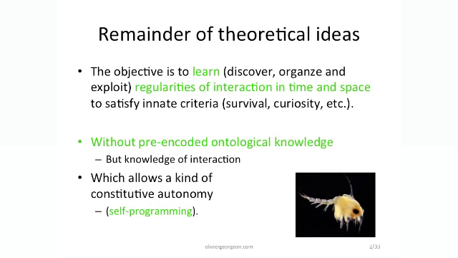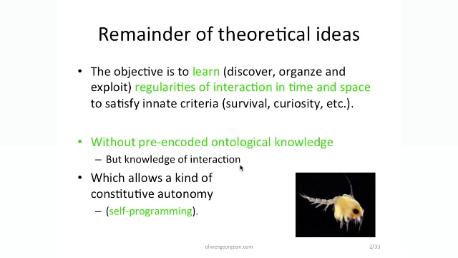And we want to do that, as I said, without pre-encoded ontological knowledge, that is, without encoded knowledge that we have about the agent's environment. So the agent must discover its environment by itself. Why do we do that? Because, for example, if we want to design robots that interact with the real world, we won't be able to encode all the knowledge about the environment. So we need an agent that discovers knowledge by itself.